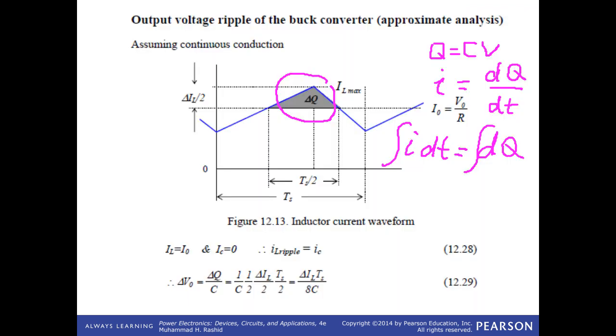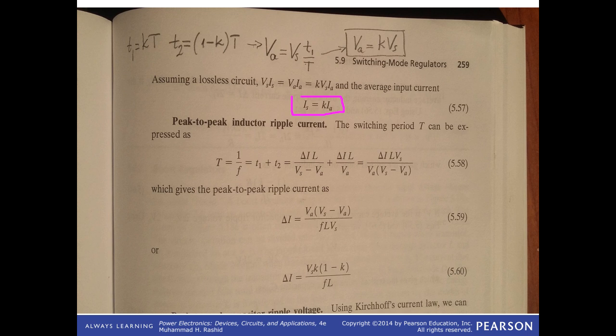Delta I is here. If you take delta I from here, or that one or this one. Sorry for the cursor.